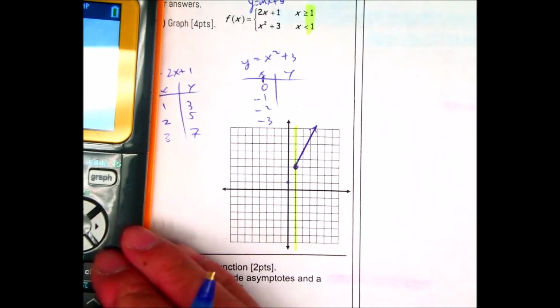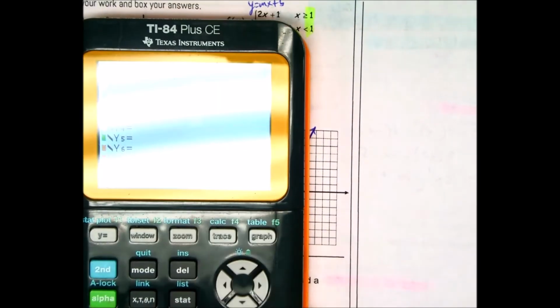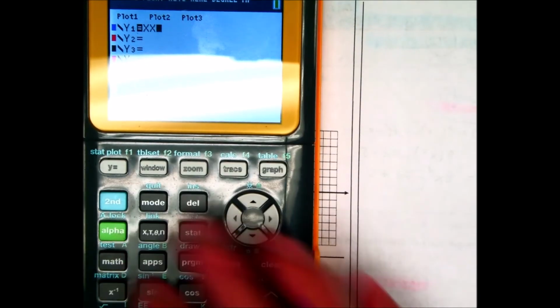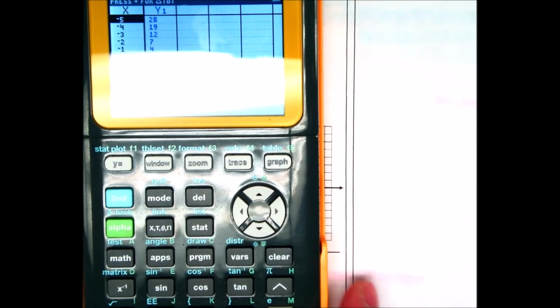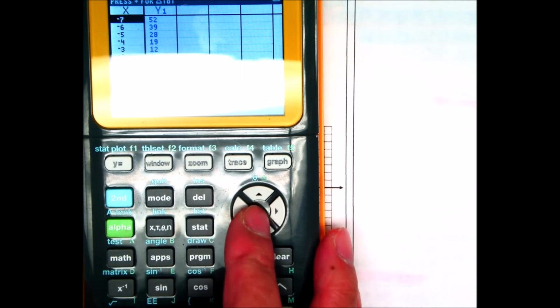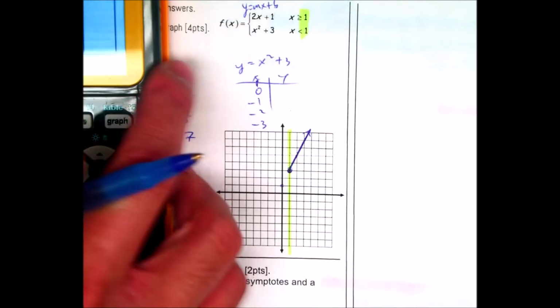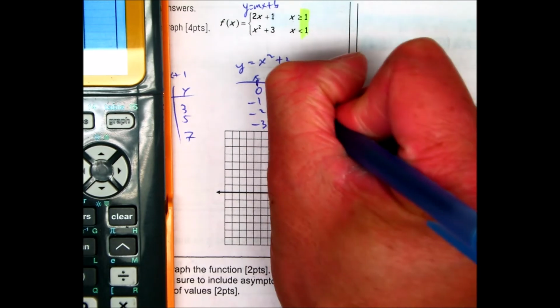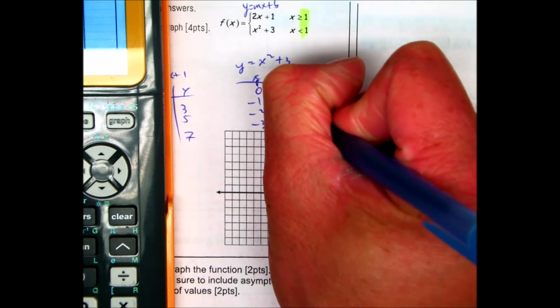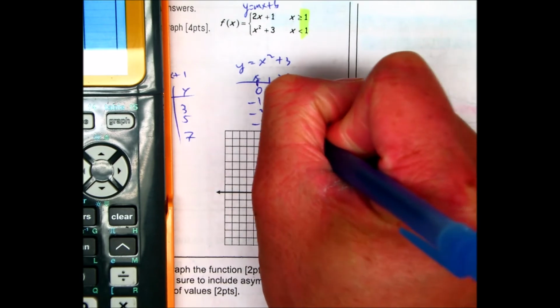So I'm just going to put x squared plus 3 into my calculator, go back to my table, and copy down some numbers. 1 is 4, 0 is 3, -1 is 4, -2 is 7, and -3 is 12.